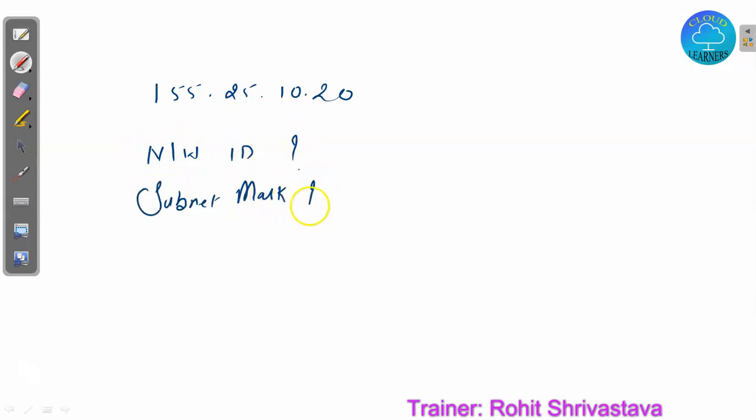Your IP address is 155.25.10.20. You need to find out the network ID, the subnet mask, and lastly the broadcast IP. These are the 3 things you need to find out, and just give your answer in the comment box.